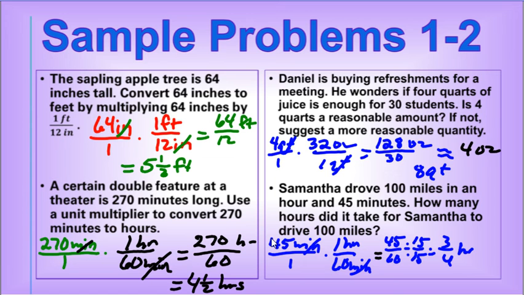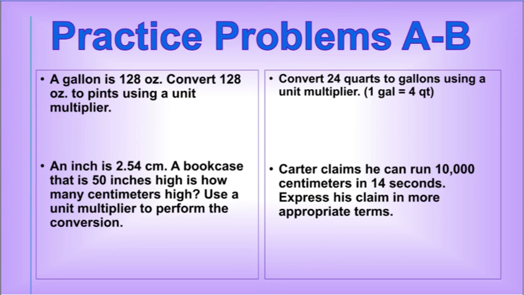We take the 0.75 plus our 1 hour, we would get a total amount of time of 1.75 hours. Next, a gallon is 128 ounces. Convert 128 ounces to pints using a unit multiplier.